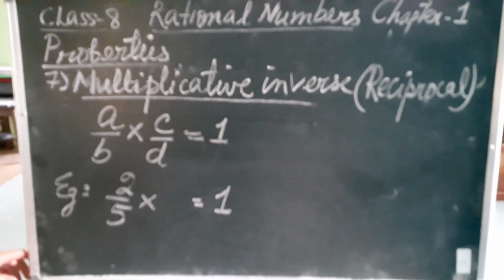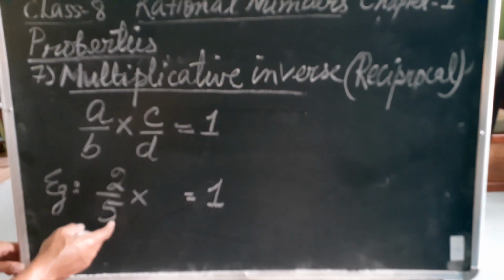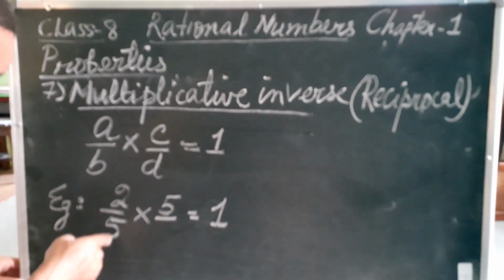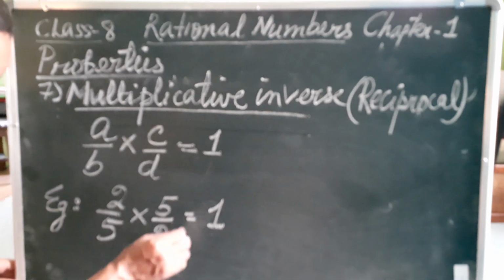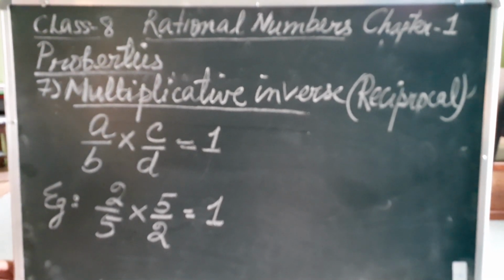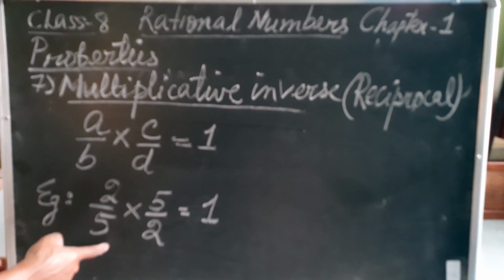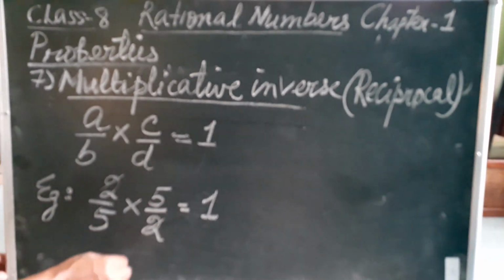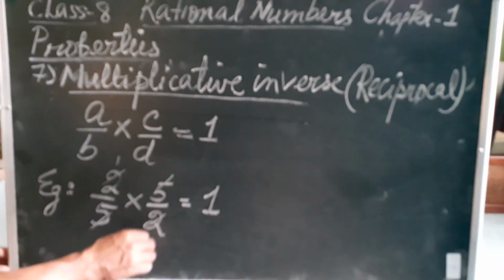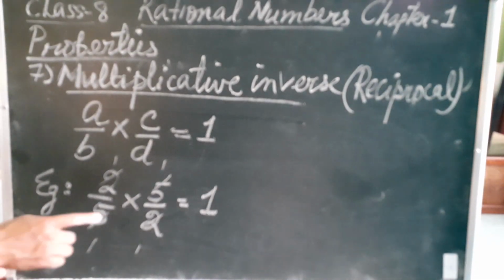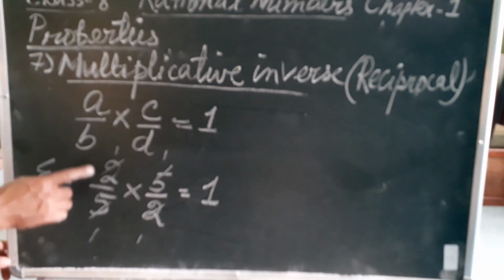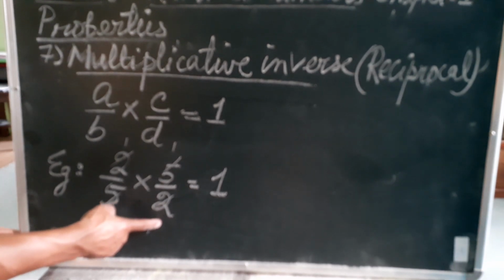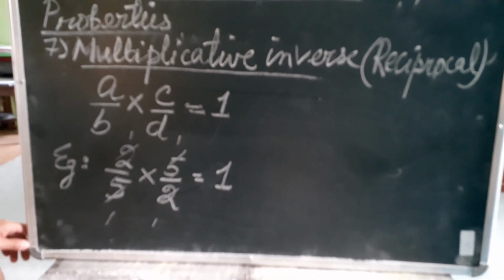It is clear that for 2 by 5, interchange the numerator and denominator, and you get 5 by 2. 2 and 2 cancel, 5 and 5 cancel, you get 1. So the multiplicative inverse of 2 by 5 is 5 by 2. It is also called the reciprocal.